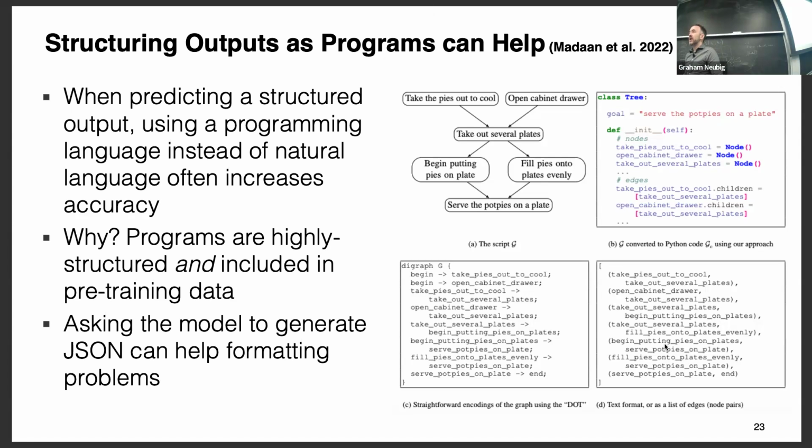Another thing that's a really handy trick is anytime you want to get a structured output out of a model, you can ask it to generate something in JSON instead of generating it in text. And the reason why JSON is useful is you can parse the JSON, you can pull out the strings and other stuff like that.